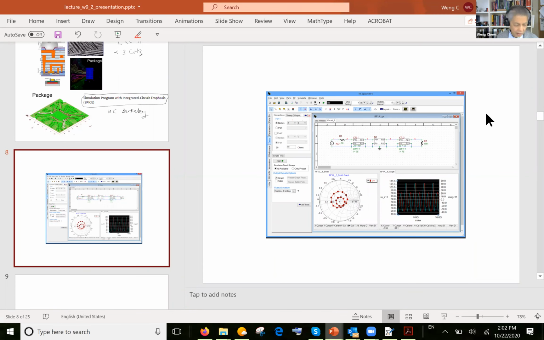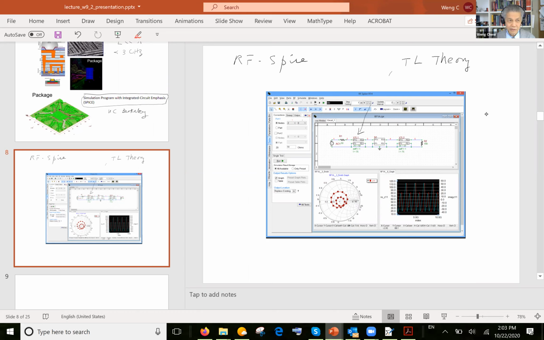SPICE programs have recently tried to incorporate transmission line theory as well. You actually get a SPICE program called RF SPICE, and you can incorporate transmission line theory into your circuit theory.